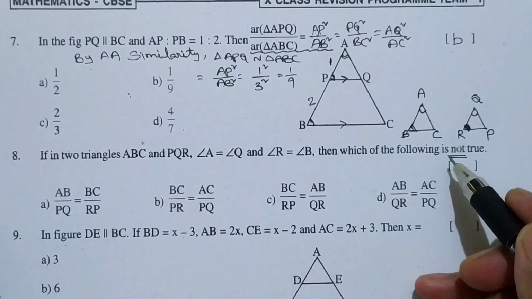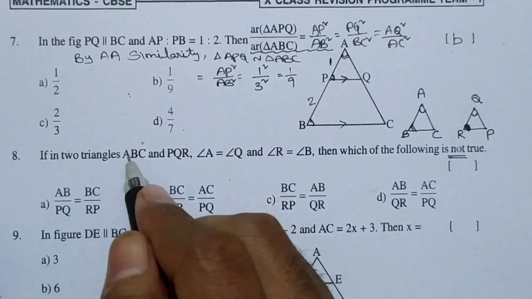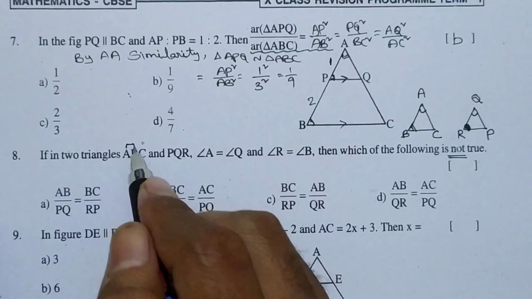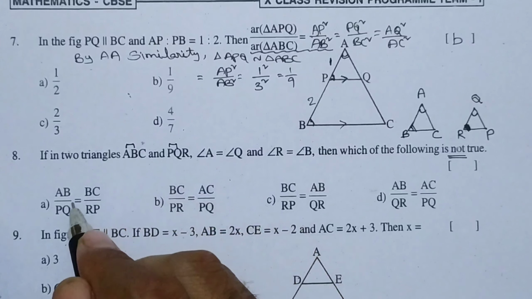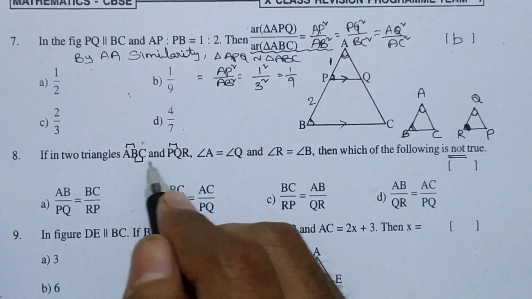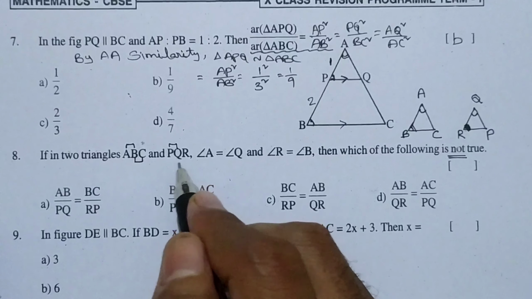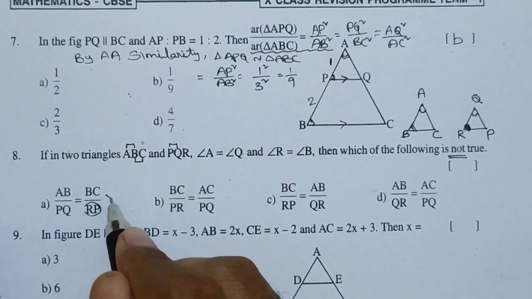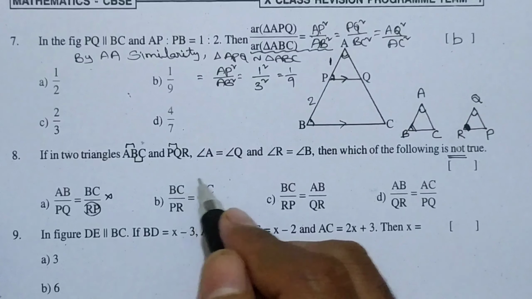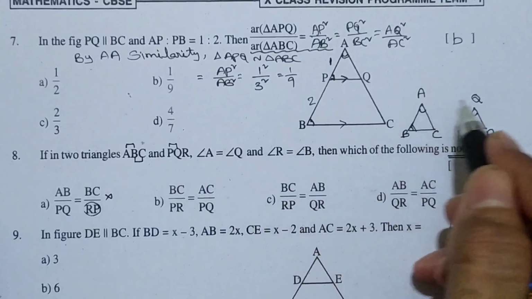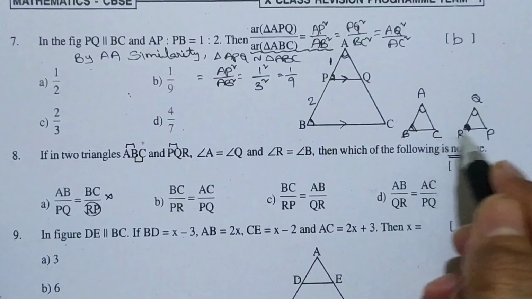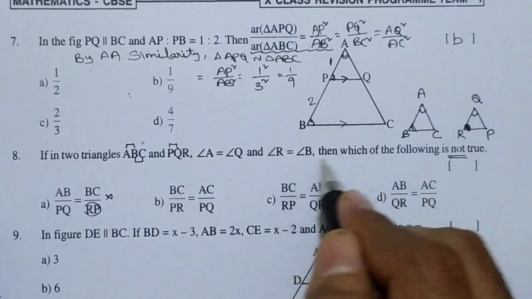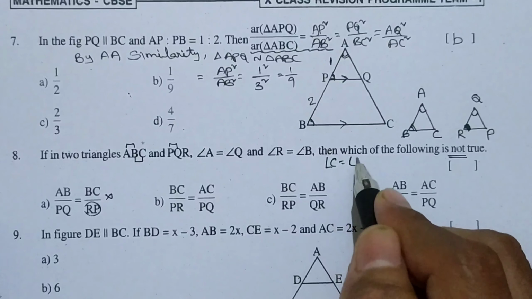Let us see here. AB by PQ is equal to BC by QR. But here RP has come instead of QR. Because of this it gets wrong. A should be matched with Q, B should match with R, so C should be matched with P.